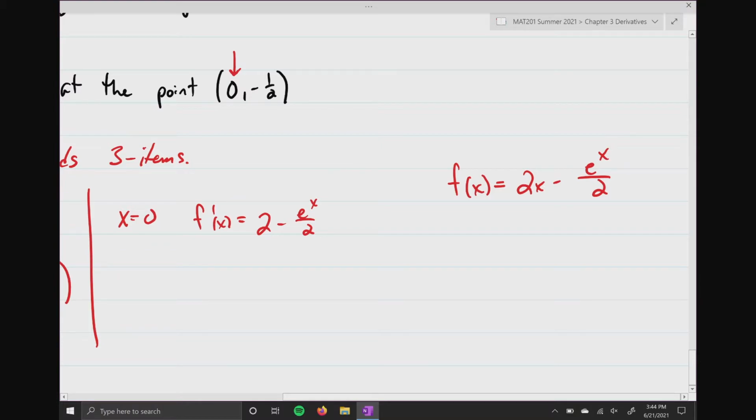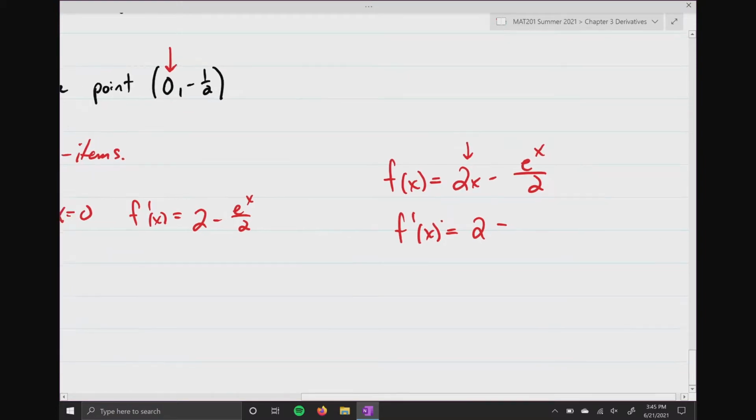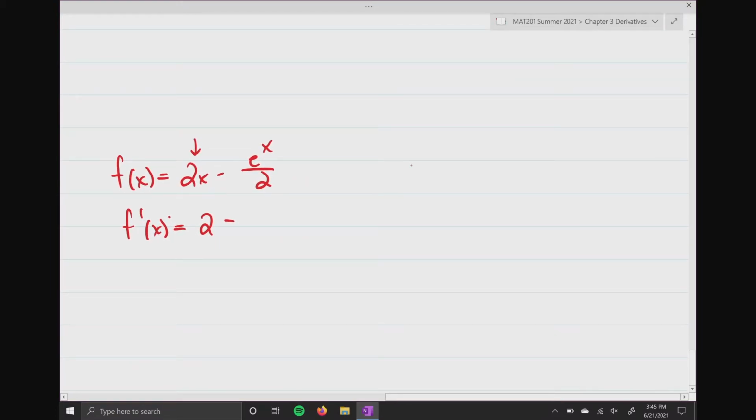So when I want to find the derivative, the first part is just going to be a 2. Now minus, technically, this is d dx of negative 1/2 e to the x, so I can pull that negative 1/2 out front.